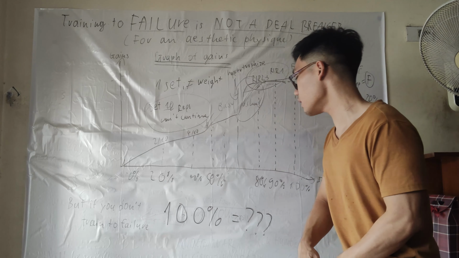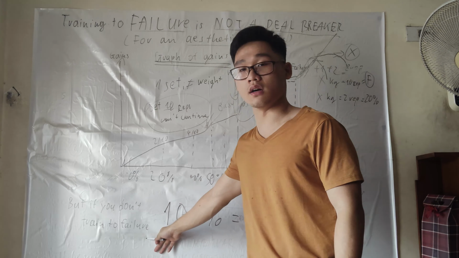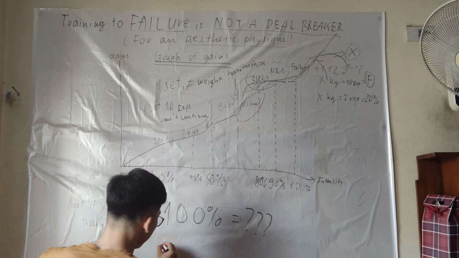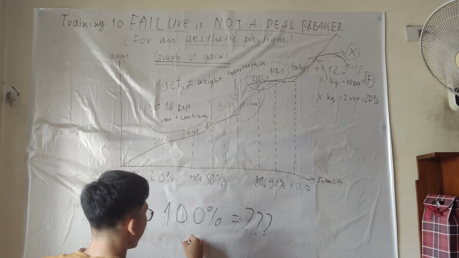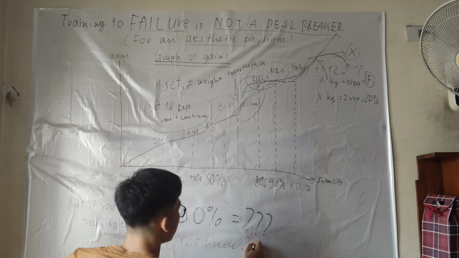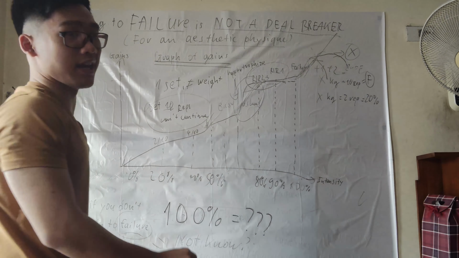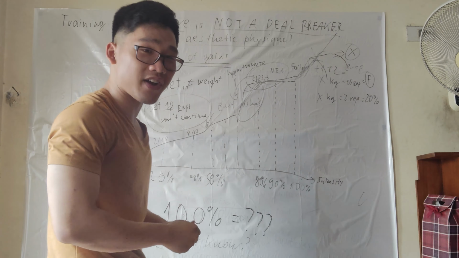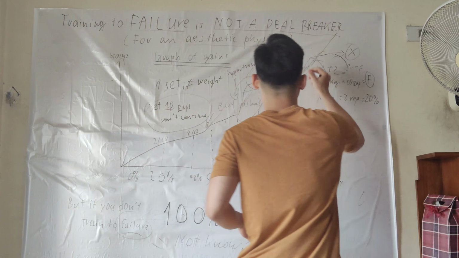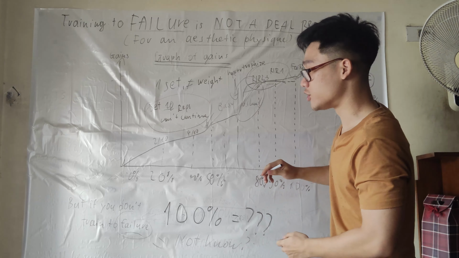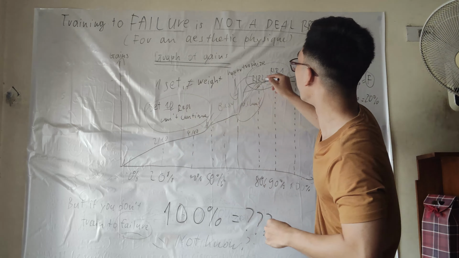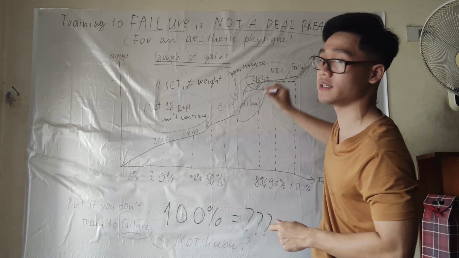So, if you don't train to failure, you will not know how failure feels like. And if you don't know how failure feels like, you won't have the thing to equalize, to make it as a measurement for reps in reserve 2 to 3 or reps in reserve 1.